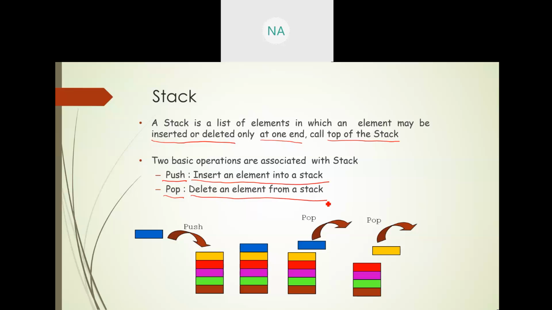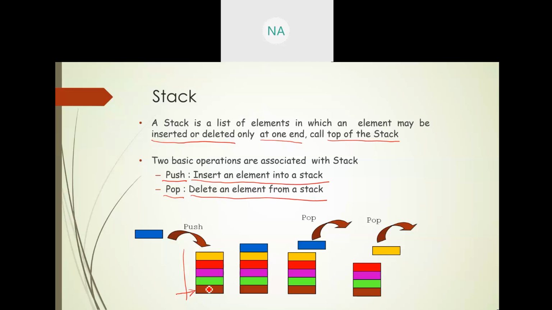So for example, say this is your stack. The literal meaning of the stack is that you start putting things over and over again. For example, here you can see that some user has put this brown disk.